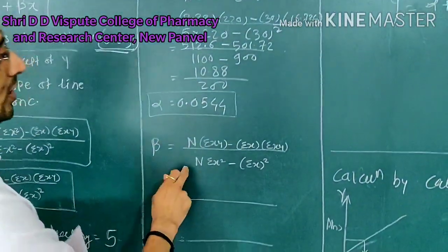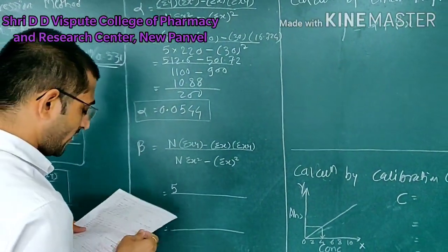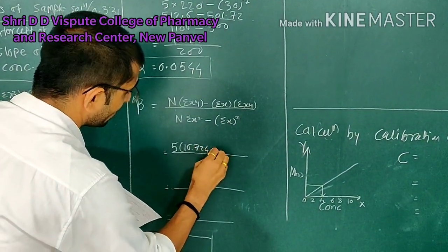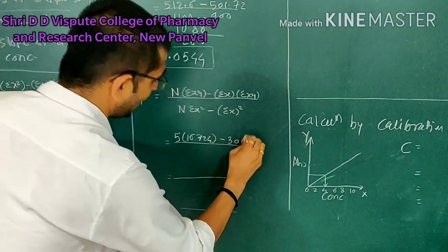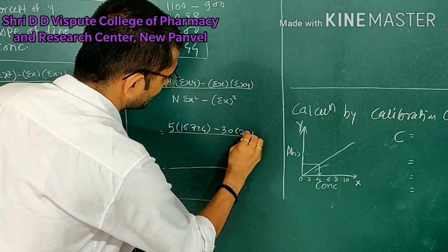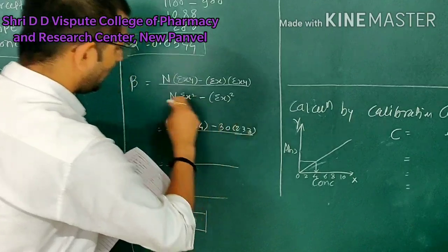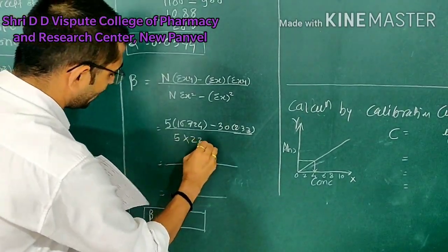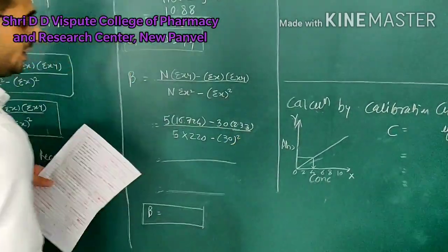Next, calculate the value of beta. n is 5 into summation of xy, the value is 16.724, minus summation of x, which is 30, into summation of y value, which is 2.33, upon n value 5 into summation of x square 220 minus summation of x square, so 30 square.